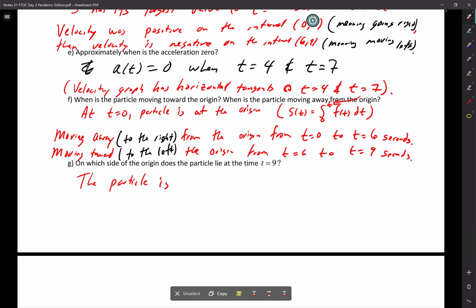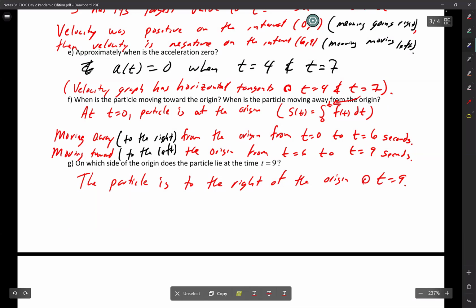Which one is it, guys? To the right? Yeah, the particle is to the right of the origin at t equals 9.